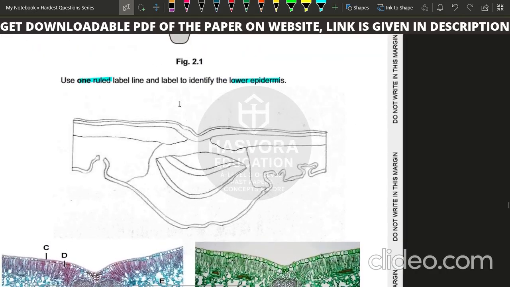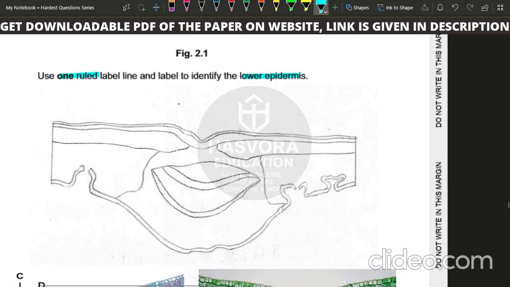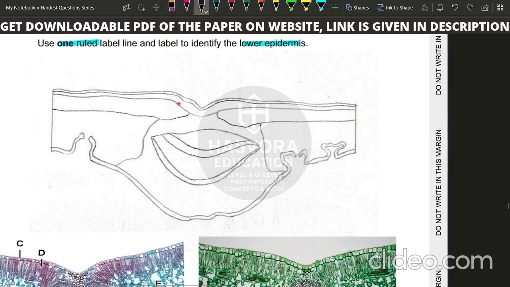Now this is our plan diagram, and we will use the ruled label line. Okay, always use a ruled line, and that is just touching the structure that you want to label. Let me just erase this, I just made it by mistake. So this will be your ruled label line, and just adjust it so that it just touches the structure that you want to label.